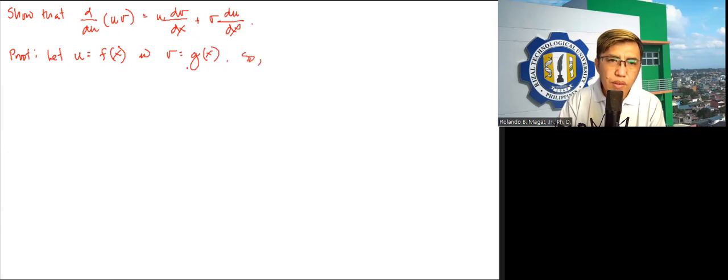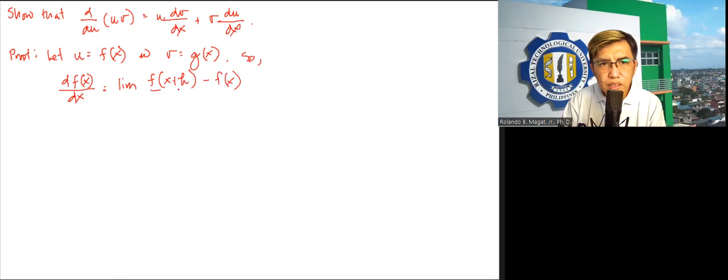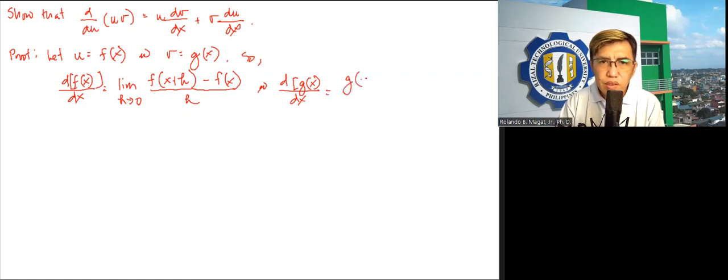So we can say that d of f of x over dx is the limit of f of x plus h minus f of x all over h as h approaches 0, and d of g of x over dx is equal to the limit of g of x plus h minus g of x all over h. Okay?